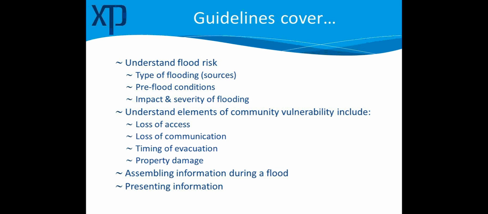So it's very important that we've actually made a plan to have access to this information during a flood, access to things like flood maps, inundation maps, evacuation routes, and that this can be presented in a way that's easy to understand and easy to disseminate.